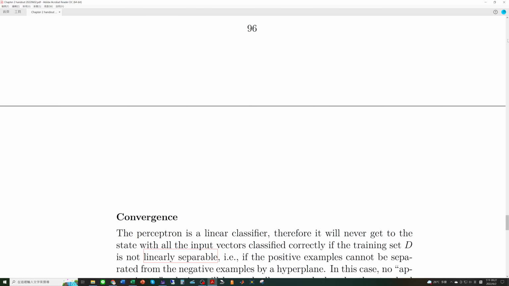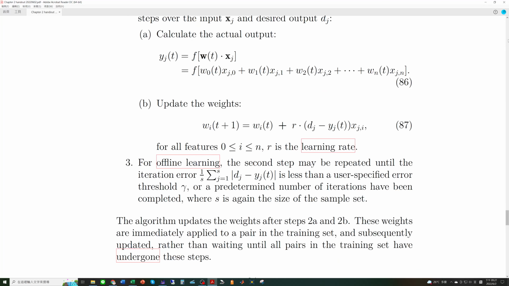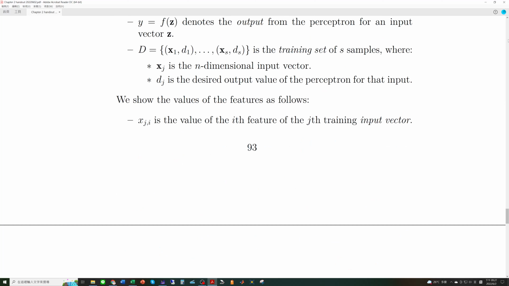Let us review it. Here dj is the desired output value of the perceptron for that input.